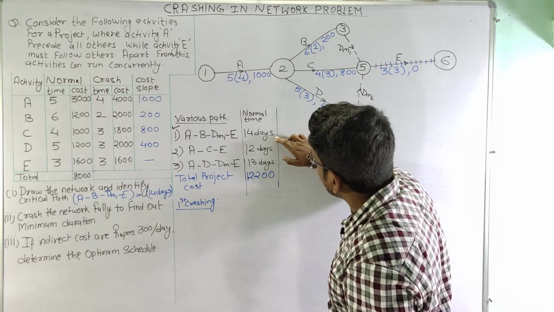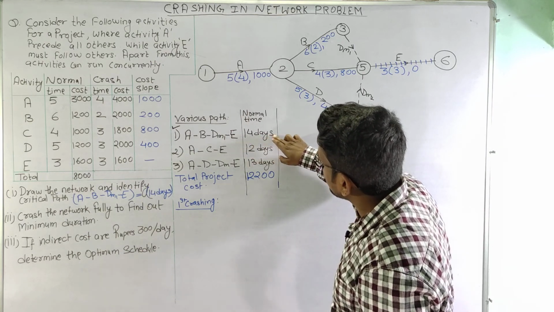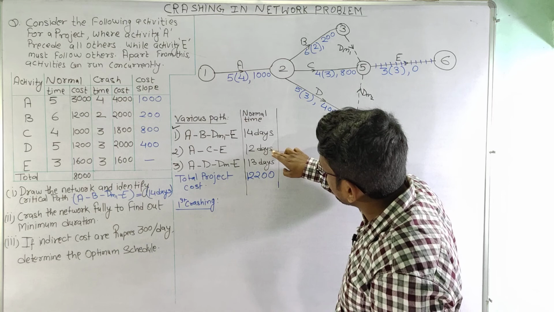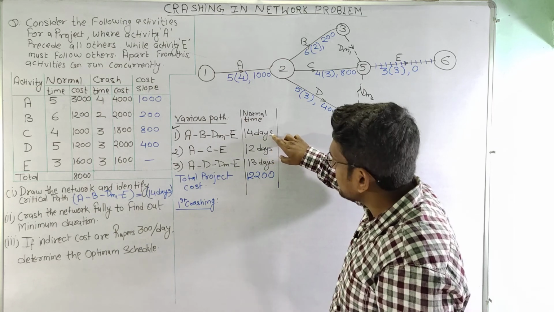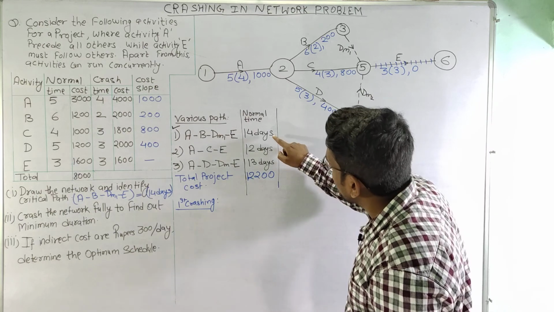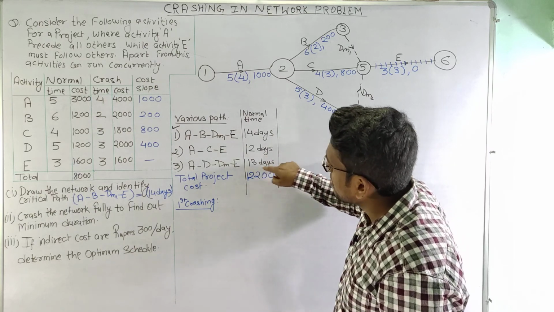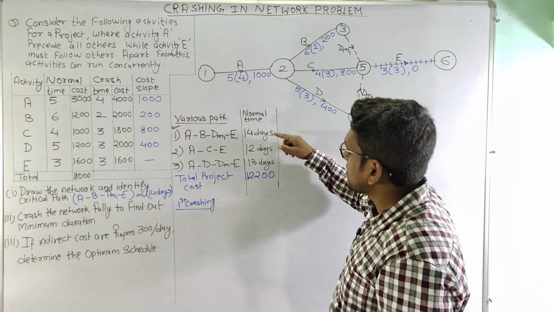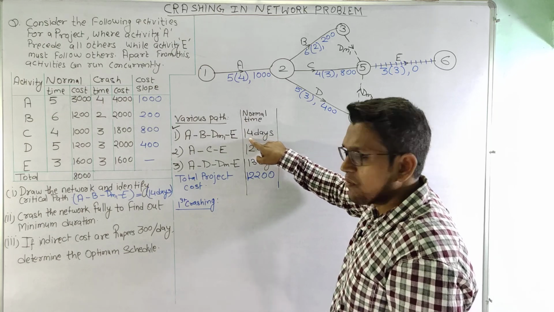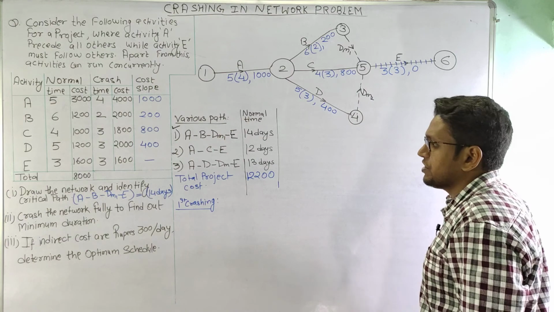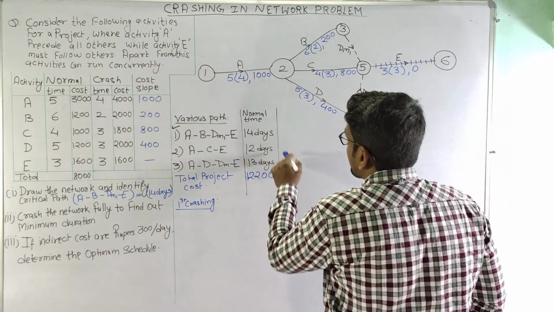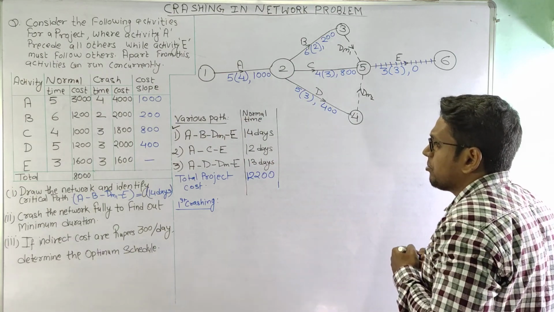Now as we can see, our critical path has 14 days and the other two paths have 12 days and 13 days. So we can only crash this activity for 1 day, so that it becomes equal to this 13 days. If we crash it for more than 1 day, then our critical path will change and our solution will become complicated.